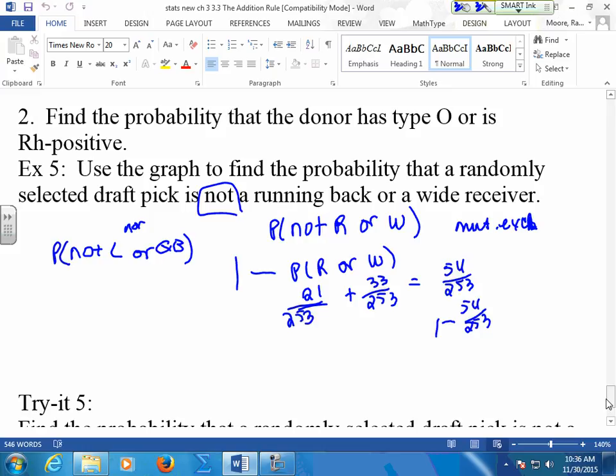No. So I can do the same thing. I can add up all of them but the linebackers and the quarterbacks, add up those two, subtract it from 253. Or I can take the probability of a linebacker plus the probability of a quarterback and subtract this whole thing from 1. There's a number of ways to write this.